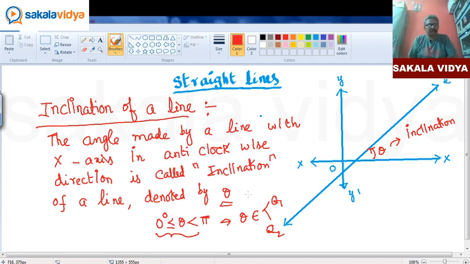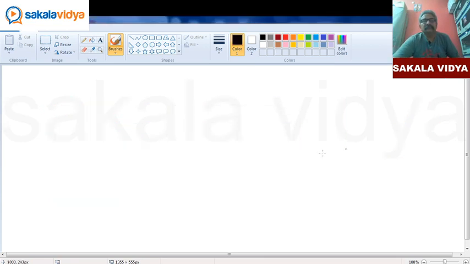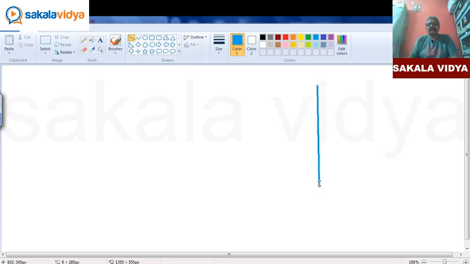Okay, now for example, you take coordinate axis like this. Say this is x axis, say this is y axis, suppose this is origin.